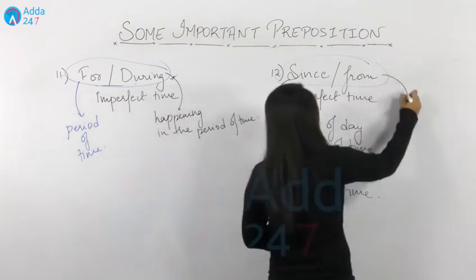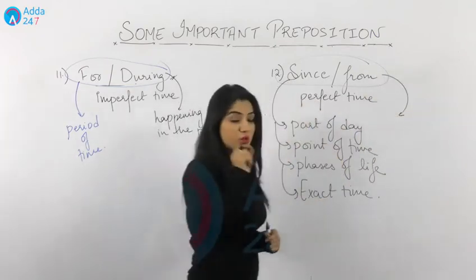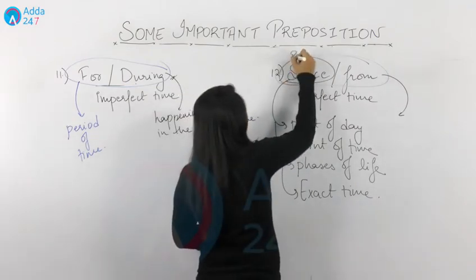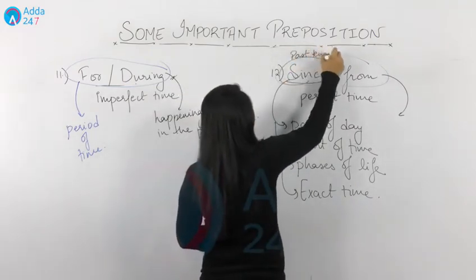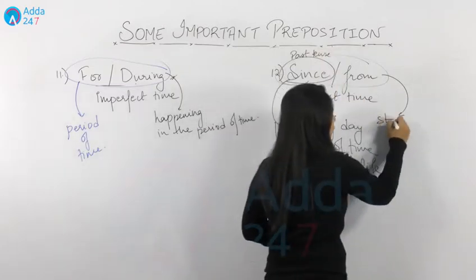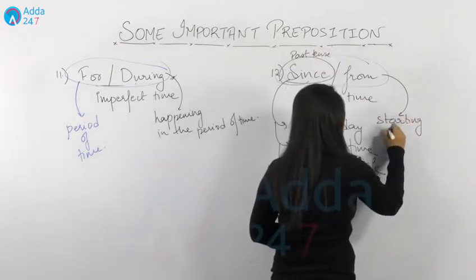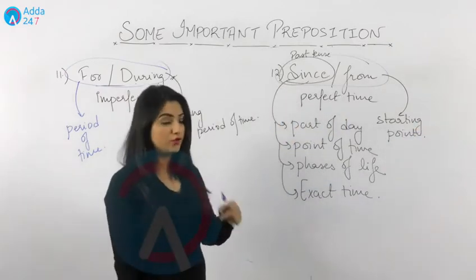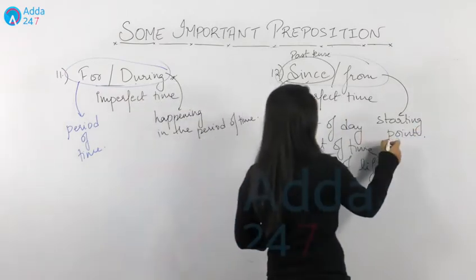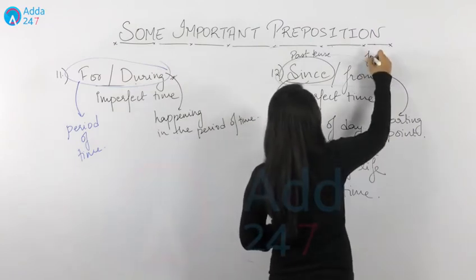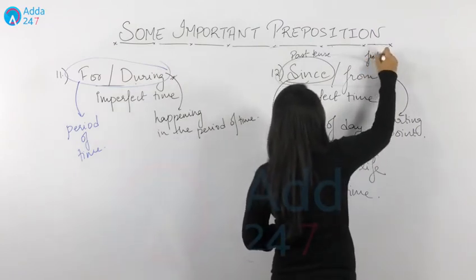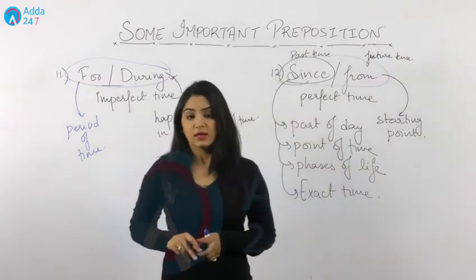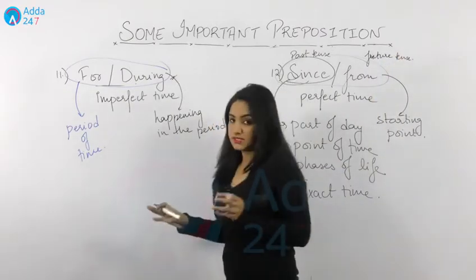And from is used, moreover, there's one more thing. Since is generally used with past tense, and from is used when you have the starting point of something. Starting point of something means this is generally used in future tense. Right? Now, let's take some examples.